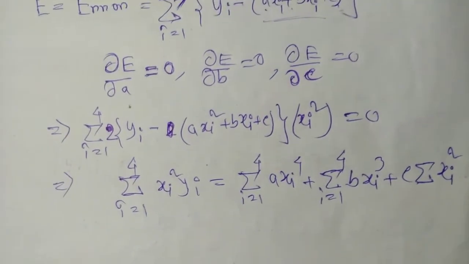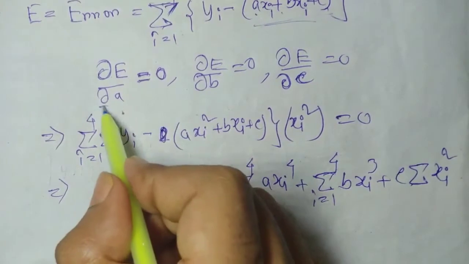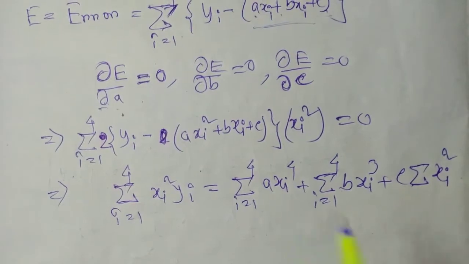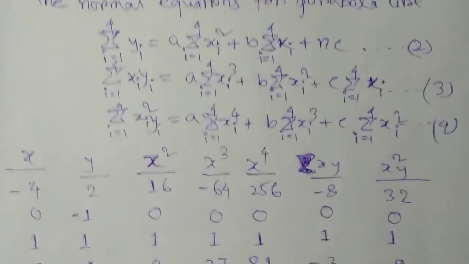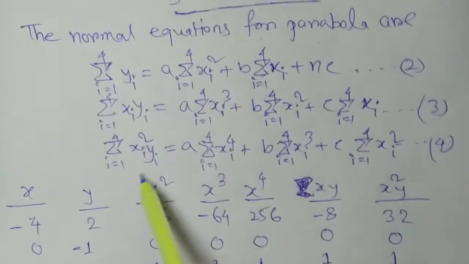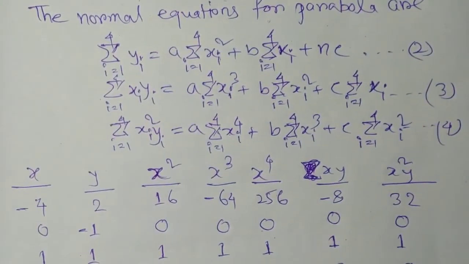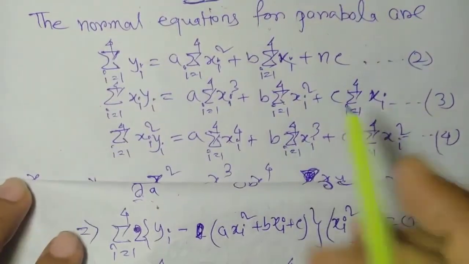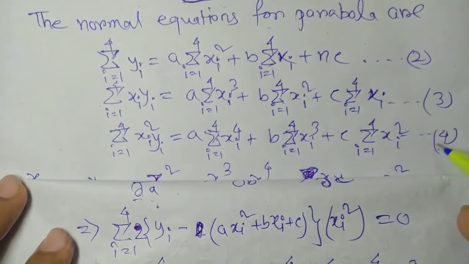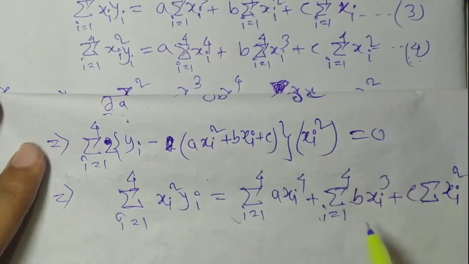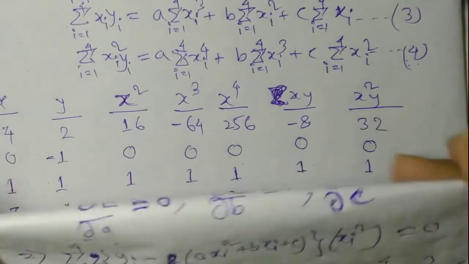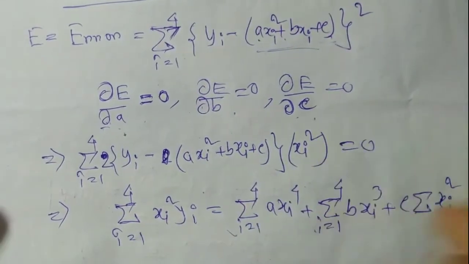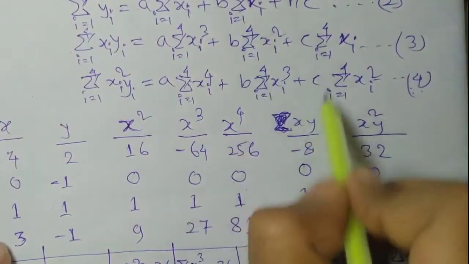Notice that from the one condition del e by del a equals 0 we obtain this, and this is one of the normal equations for this parabolic curve. Similarly, by taking del e by del b equal to 0 and del e by del c equal to 0, we obtain all the normal equations.